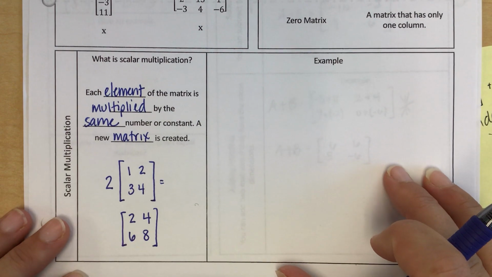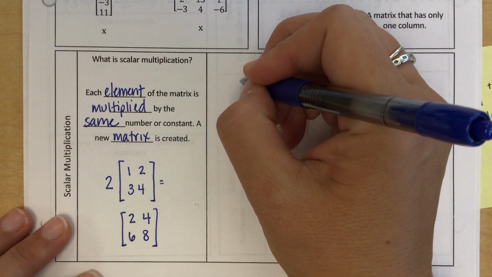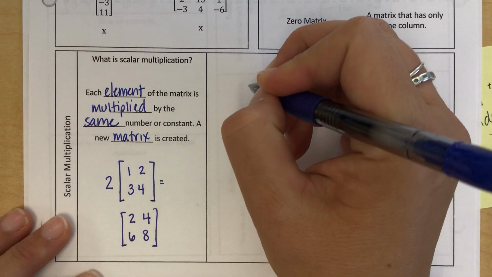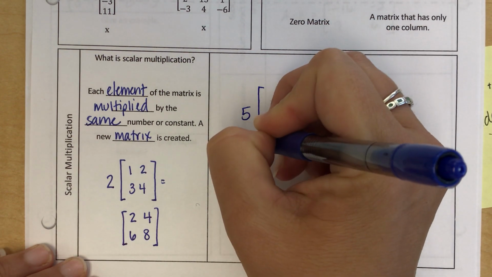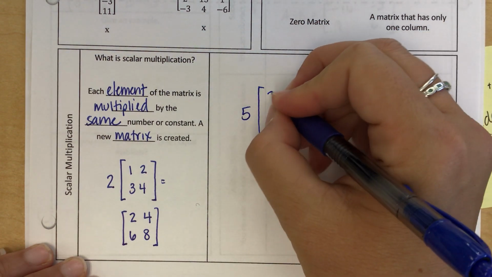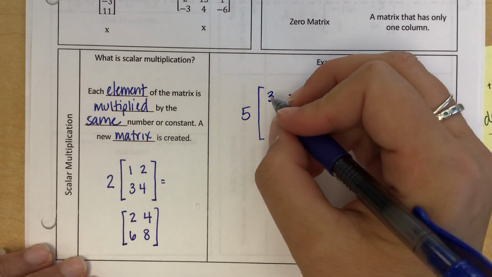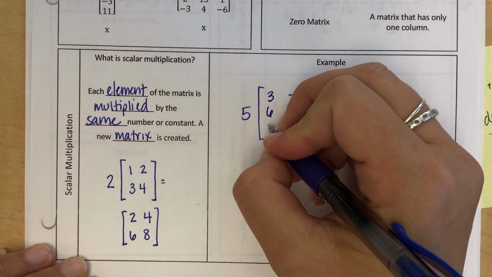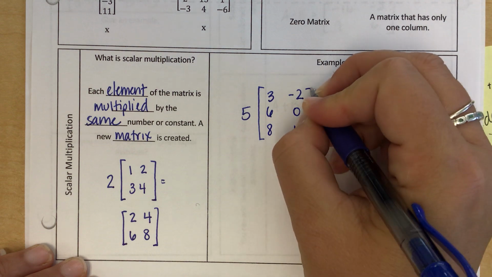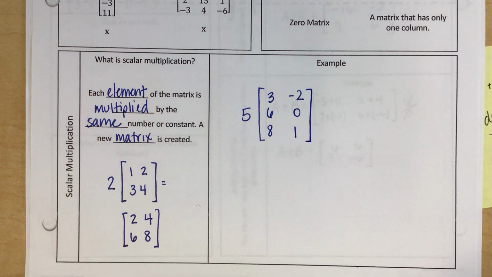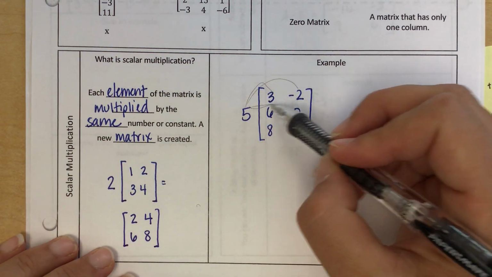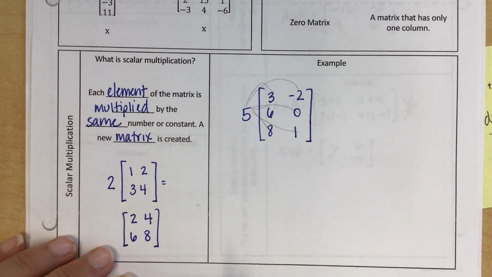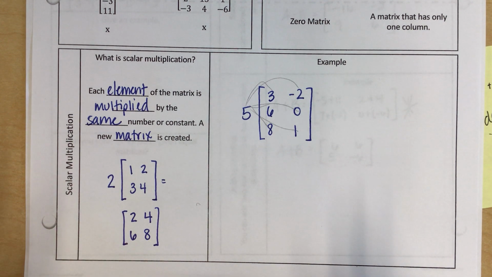Okay, here's another example. We're going to put a 5 out here, and the matrix is 3, -2, 6, 0, 8, 1. So if you're asked to find this, what you're thinking in your head is that you are just going to distribute that to everything on the inside.